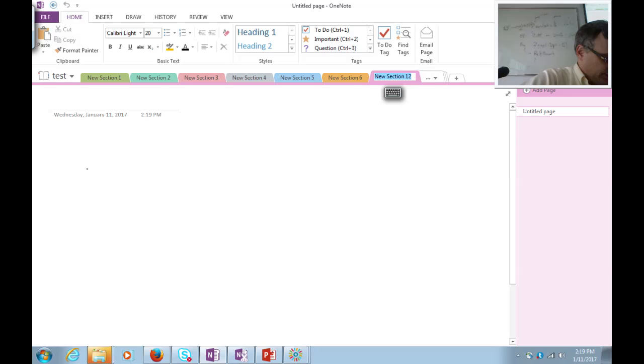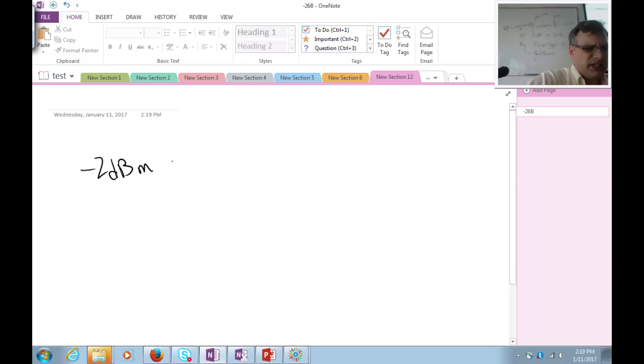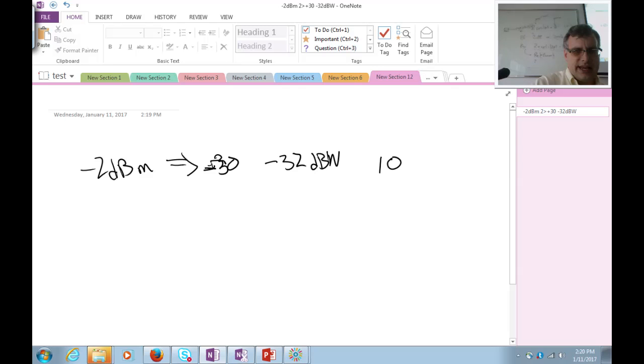Okay, let's figure out how this works. First of all, we've got to convert negative 2 dBm to a useful value that we can calculate with, the watts, right? So that's negative 2 dBm of received power. I convert to watts by first subtracting 30. Going from dBm to dBW, that gives me negative 32 dBW.